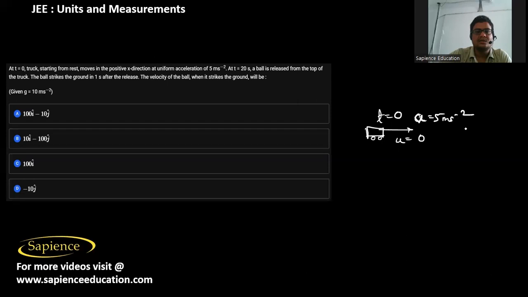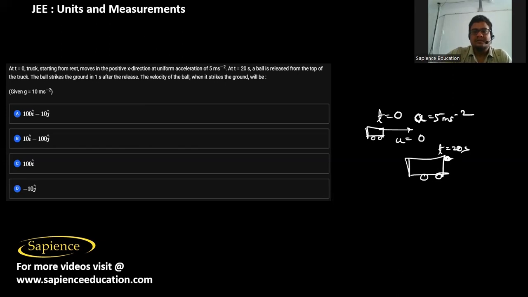Then at 20 second, a ball is released from the top of the truck. At t equal to 20 second, a ball is released from the top of the truck. The ball strikes the ground 1 second after the release. The velocity of the ball when it strikes the ground will be.